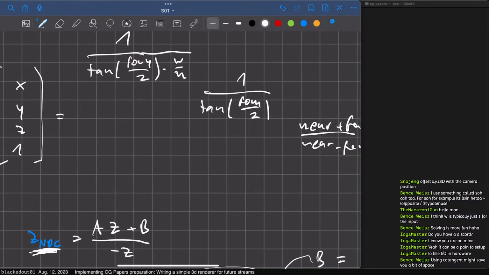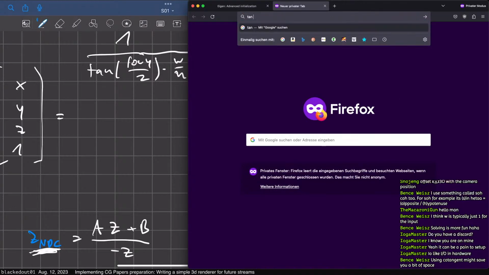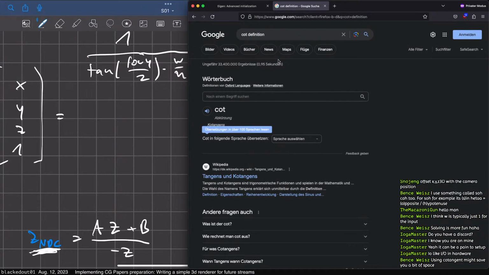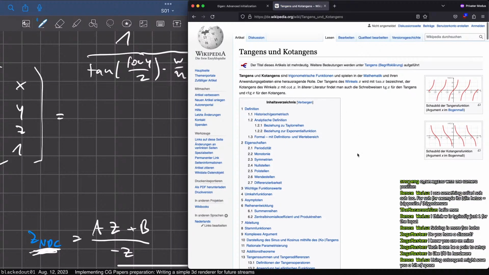Yeah, so is cotangent the inverse of tangent? I'm always confused by these functions, but you might be right. So tan, cotangent. Wait, that's a German page.